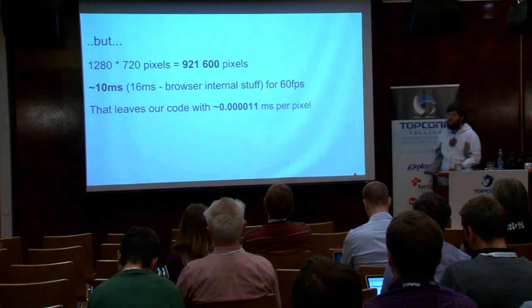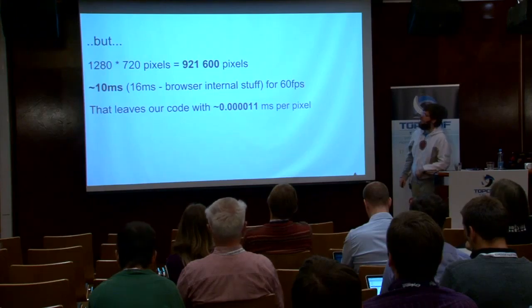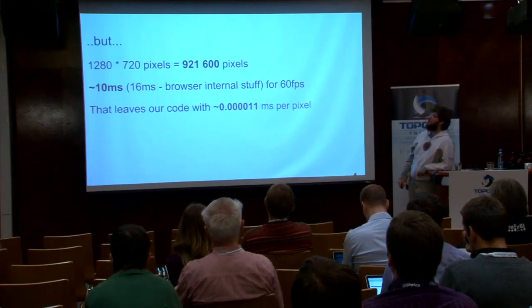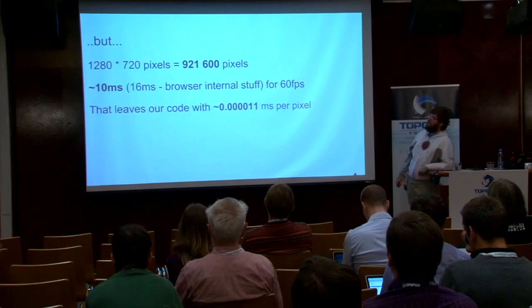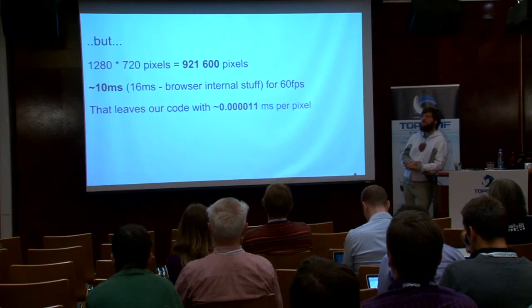And the problem is, if you look at screen resolutions today, 720p has 921,600 pixels. And we want to run at 60 frames per second optimally. That means we have 16.6 milliseconds.